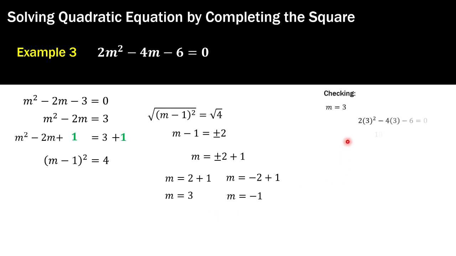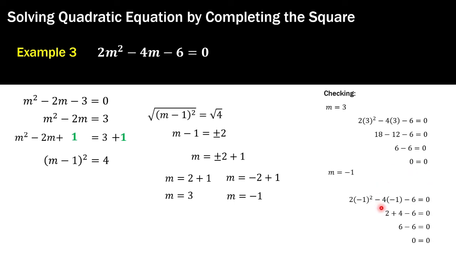To check, we can substitute 3 to our given equation. So we would be having 3 squared, 9 times 2 is 18. Negative 4 times 3 is negative 12. So 18 minus 12 is 6, minus 6 is 0. For m is equal to negative 1, negative 1 squared is 1, times 2 is 2.